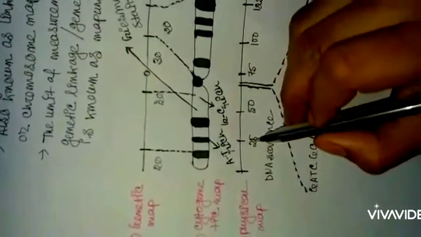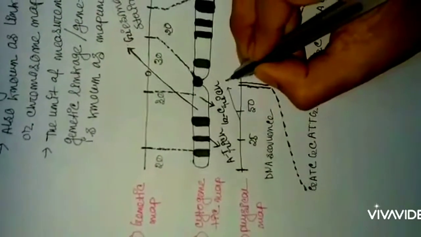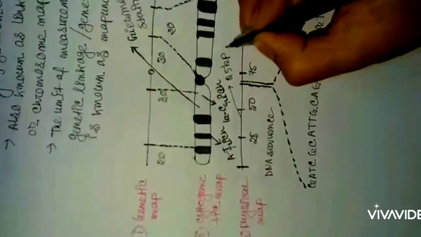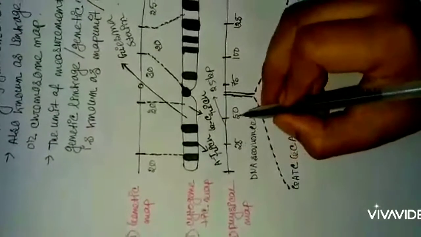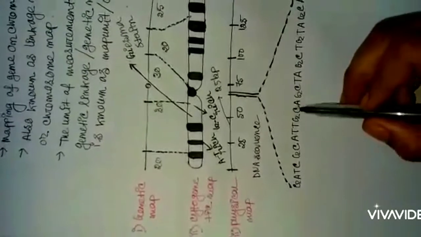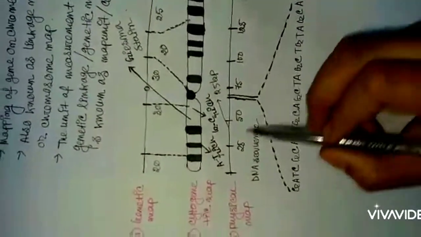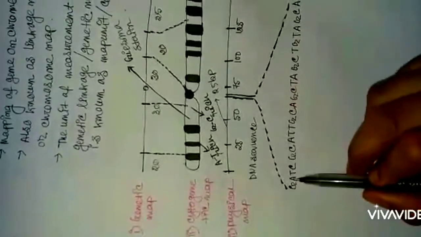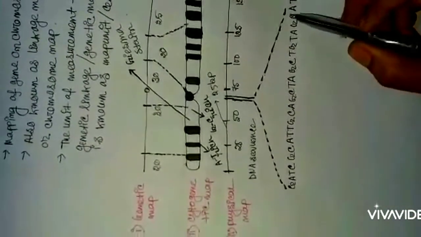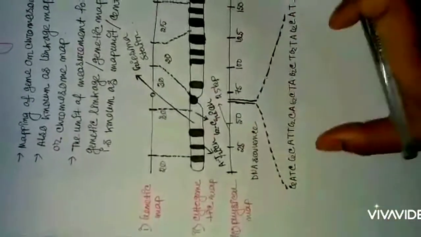So if we are taking these 2 points, we can conclude that there are 25 base pairs present between these 2 points, and they are calculated by counting the number of nucleotides present between them. So these are the nucleotide sequences of the DNA. Clear? Three types of mapping. Okay.